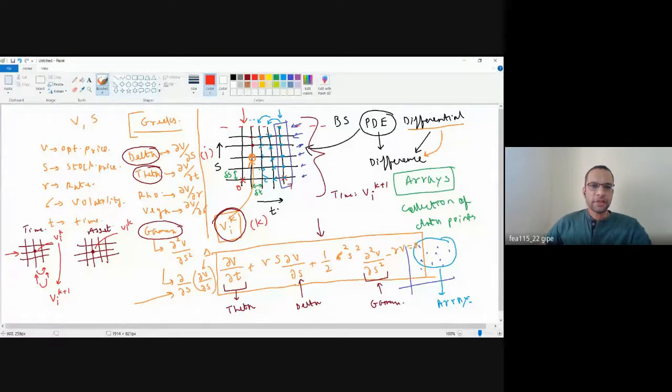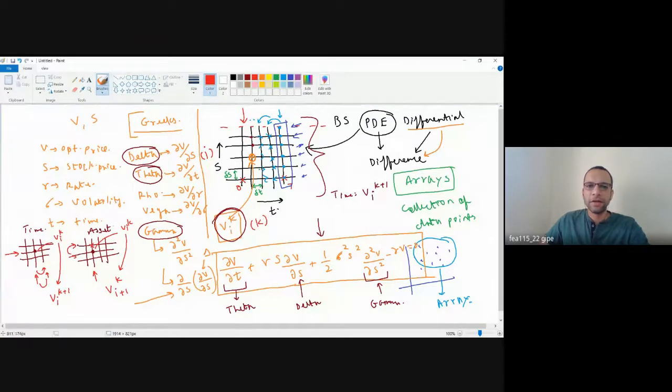Similarly, let's say I want to show movement along the asset axis. That is, let's say I freeze on this time step. So the time step I'm not changing, but the asset I want to move. So I'm here, and let's say I want to move to the next step, to this point here. So here my representation of VIK would become something like VI plus 1k, because my kth step is remaining as it is, but I'm moving along I. I have I, which is along the y-axis, and k, which is along the x-axis.